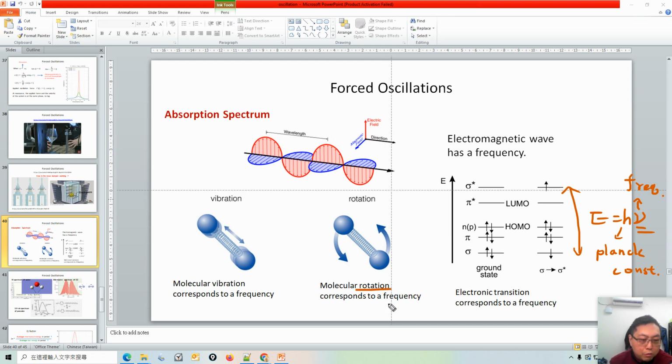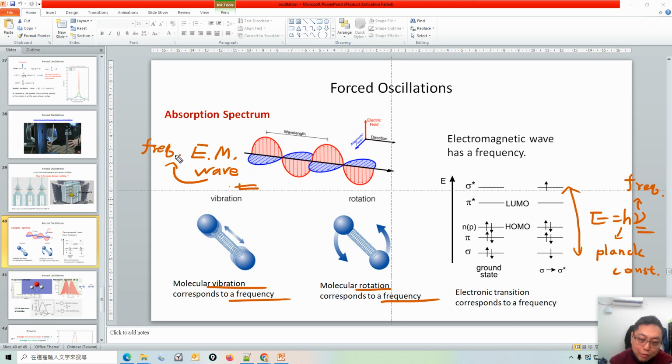Rotational motion also corresponds to a frequency. Vibrational motion also corresponds to a frequency. And an electromagnetic wave, because it's a wave, also corresponds to a frequency.